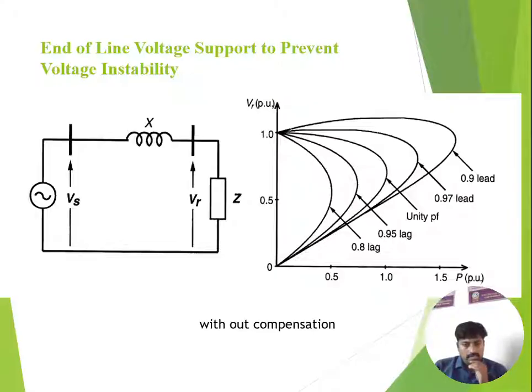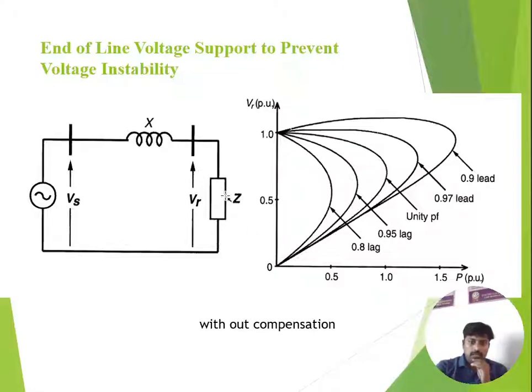You can see a single area system, consisting of a source voltage Vs and a receiving voltage Vr, and the transmission line impedance, purely inductive, is represented with X.